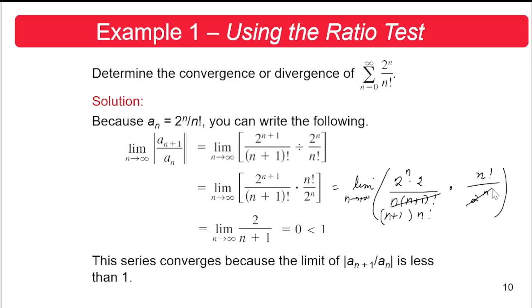Because 2 to the n is common, you can cancel this out. Same with n factorial. So you can write this as 2 over n plus 1.